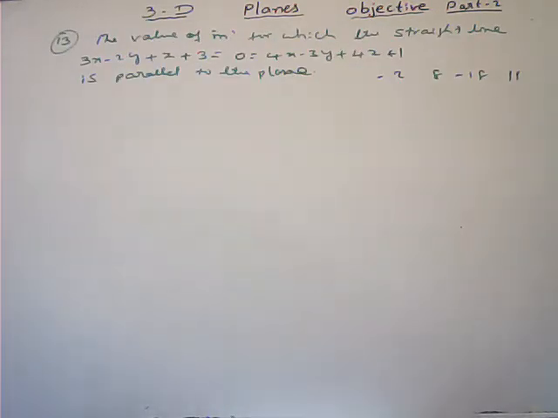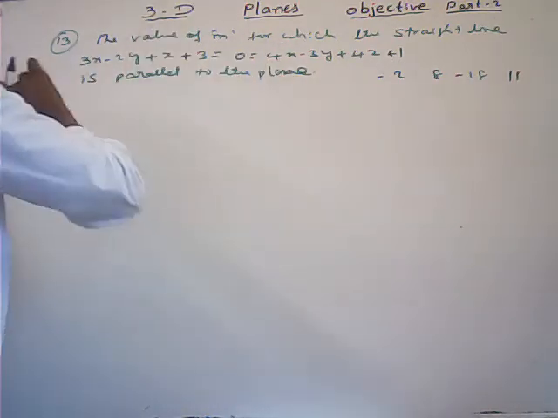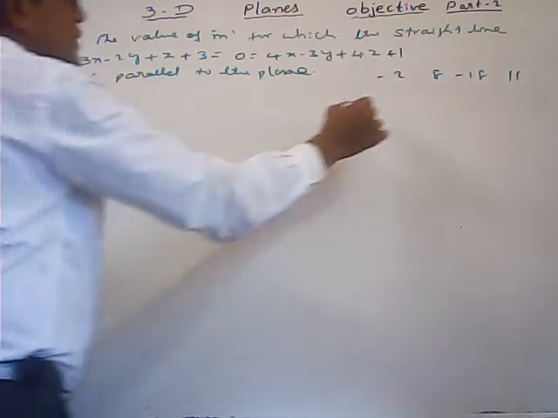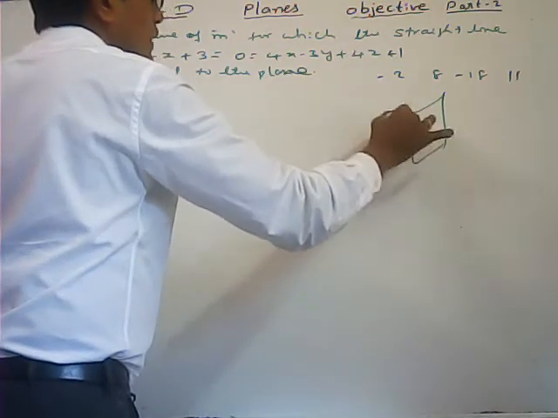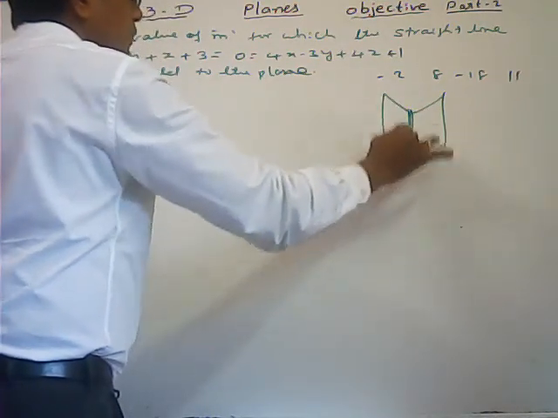Next one: the value of m for which the straight line. See here, by equating these two planes, we can get the line of intersection.